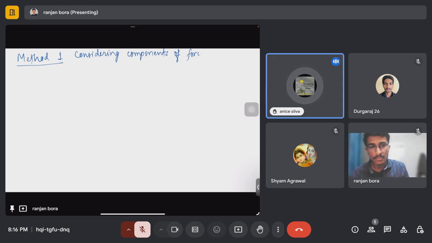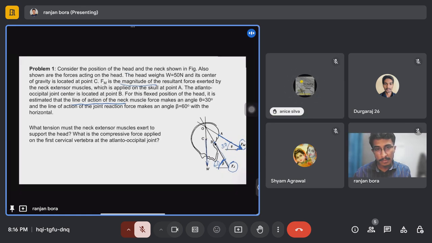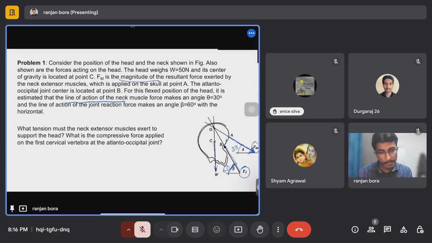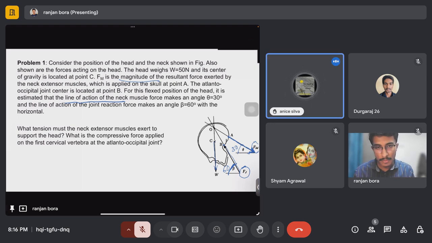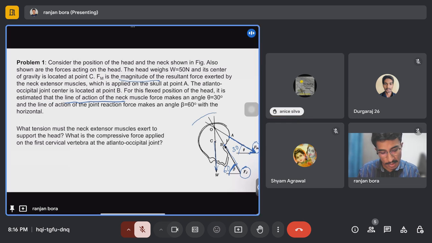So the question, did you provide the diagram? Yeah, this is the question. The diagram will be present in the question as well. It is showing here.